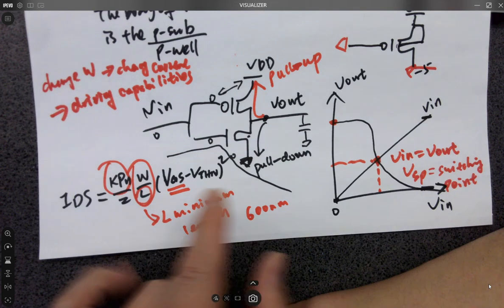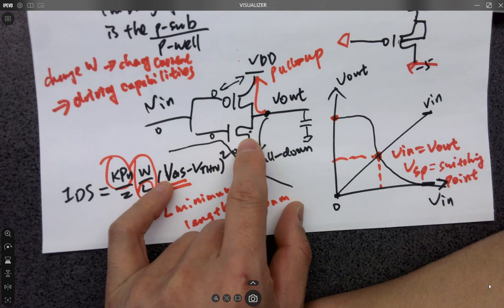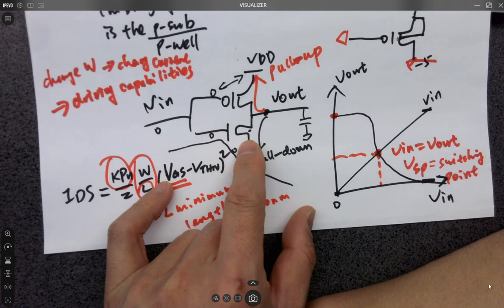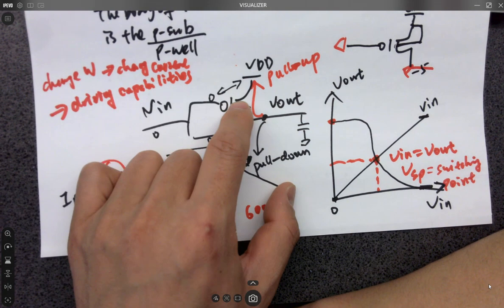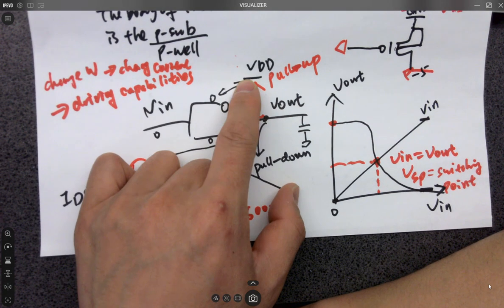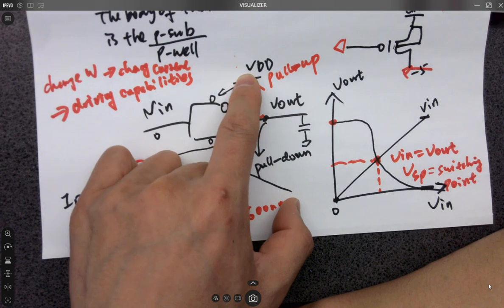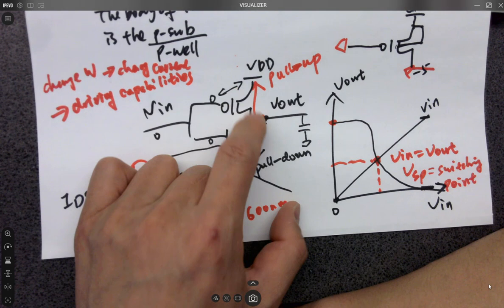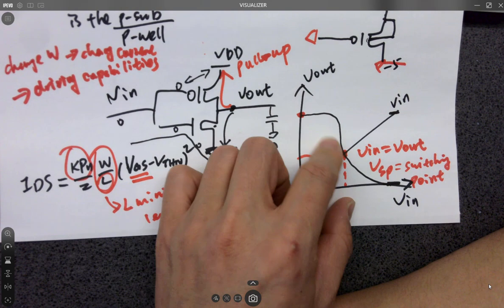And if you have a smaller width for the NMOS at the bottom, you can imagine two people: for example, Mike Tyson is on the top pulling something up, and I am pulling something down. So who is going to pull it up first? Definitely the stronger one on the top, right? So the curve will be different.